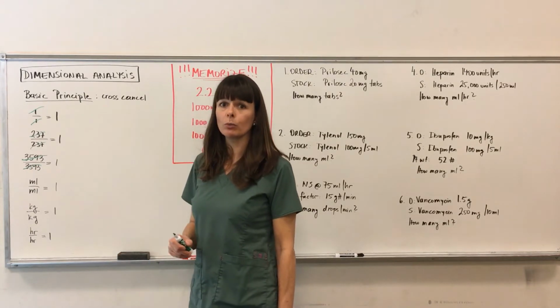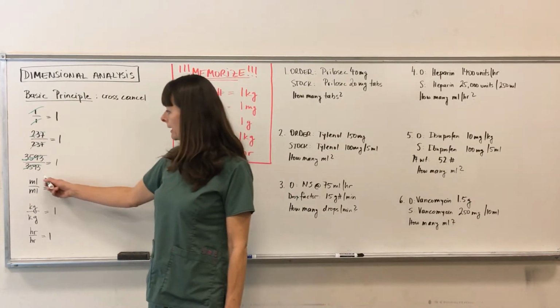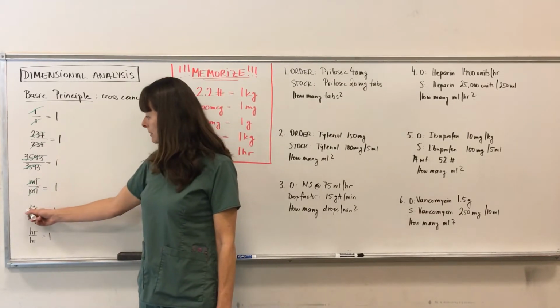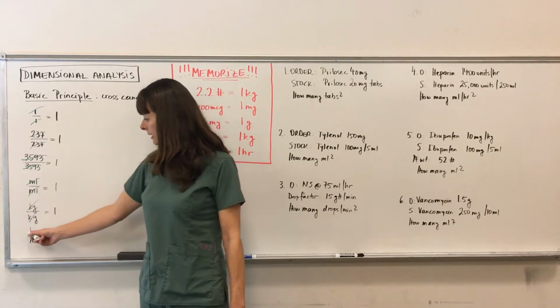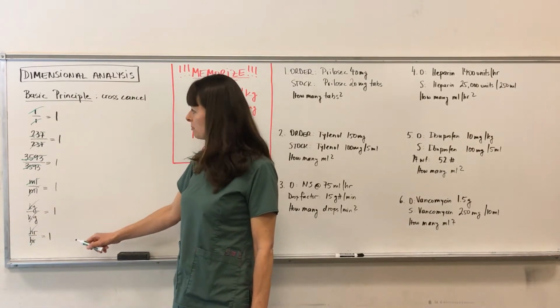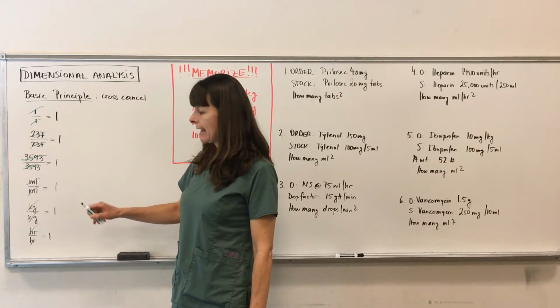Now we can do the same with units of measure. Milliliters divided by milliliters equals 1. Kilograms by kilograms, 1. And hour divided by hour equals 1. So this is the basic principle for dimensional analysis.